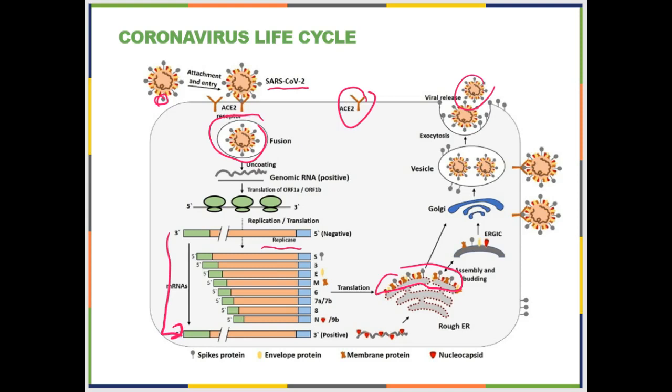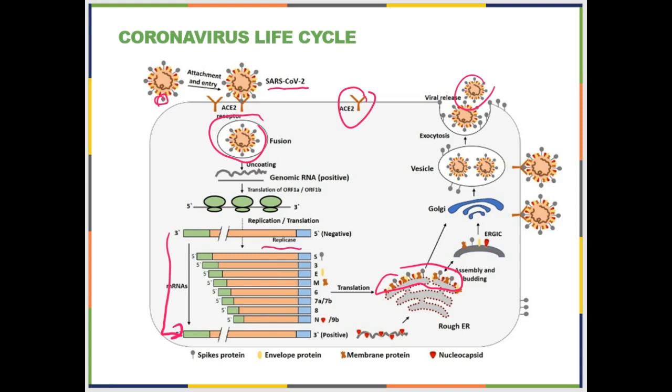And I don't know exactly how it works, because as you can see here, this is 3' to 5', and this is 5' to 3'. So there's some weird stuff going on there. But human cells do not make copies of RNA from RNA, right? All of our RNA is made from a DNA template.